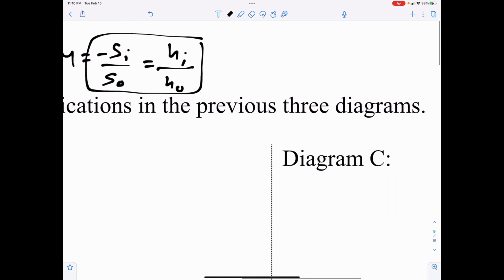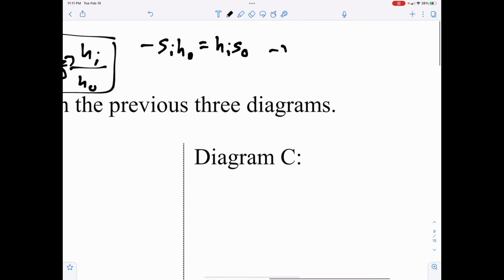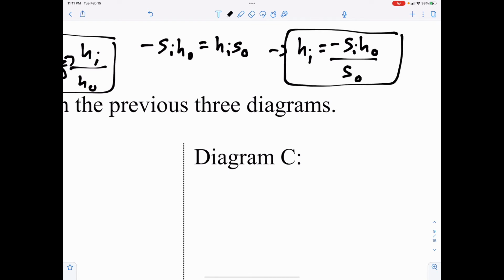If we do our cross multiplying here, we get that negative SI times HO equals HI times SO. When we solve for HI, the height, it's always going to be negative SI HO over SO. So that's the equation we're going to have for image height, using that proportion.